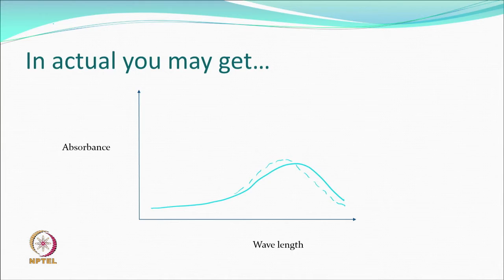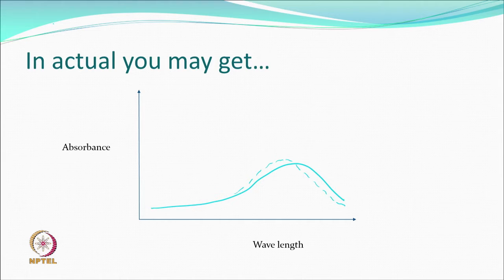Now, I have done some changes to the molecule, where I have not changed the chromophore, I have not changed the oxychrome, but I have added some groups. So, that becomes a reactive dye. It is quite possible that what you get at the end of the day may have a slightly shifted absorption curve. The lambda max may be different, the width of this curve may be different slightly.